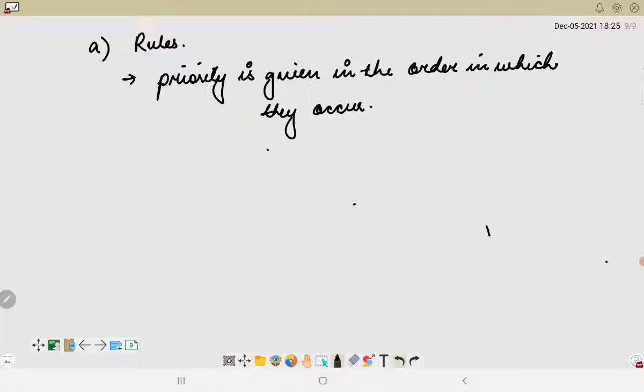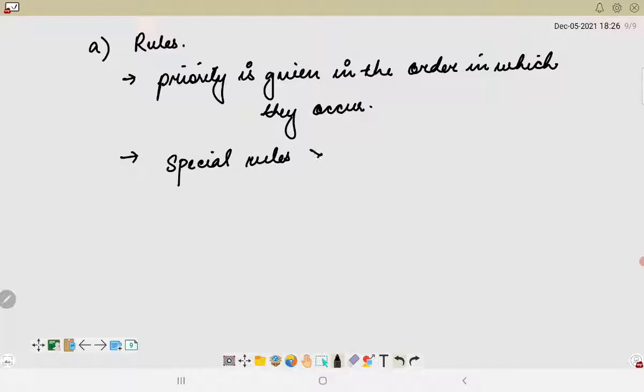So we have to understand that if we are having a number of rules which need to be matched, we have to give priority in the order in which they occur, and priority is given to special case rules over the rules which are more general.